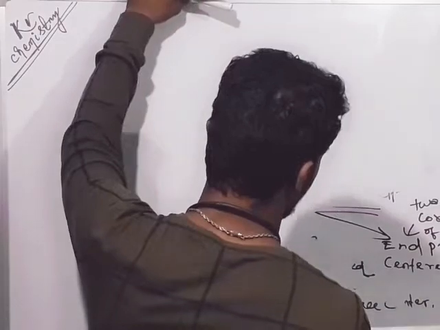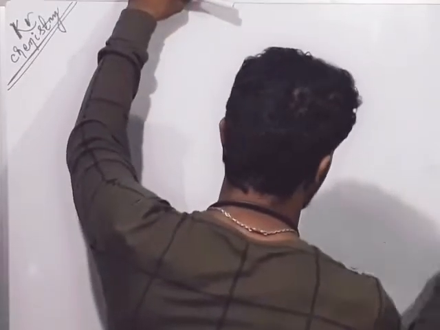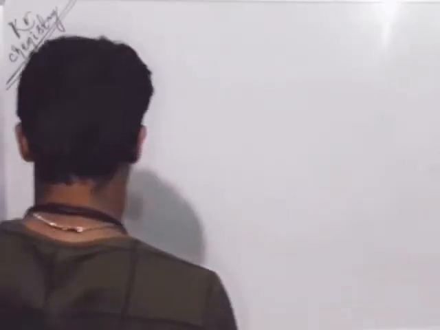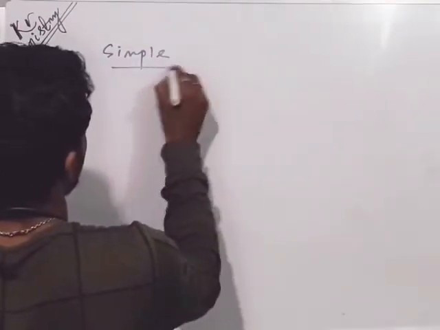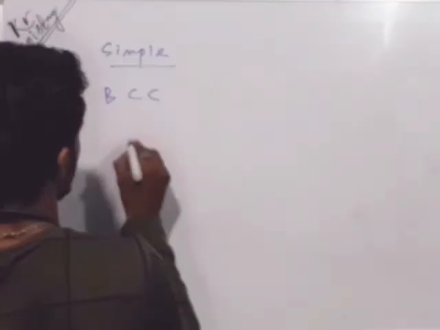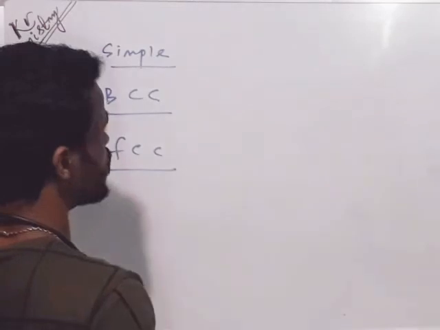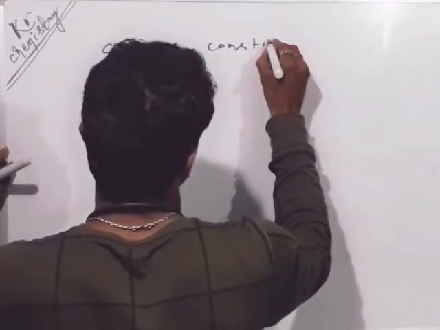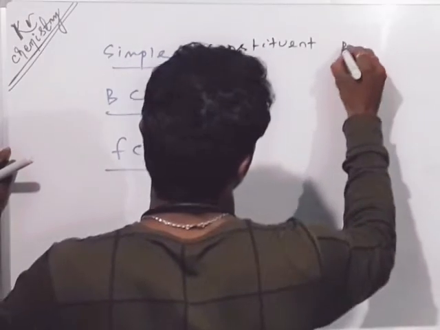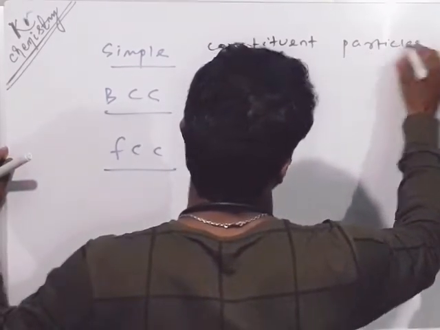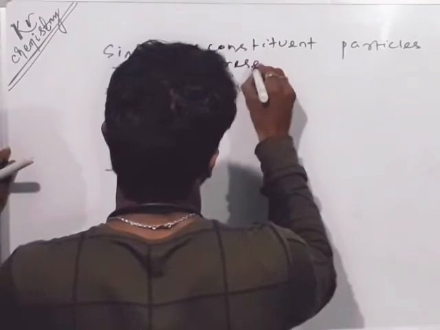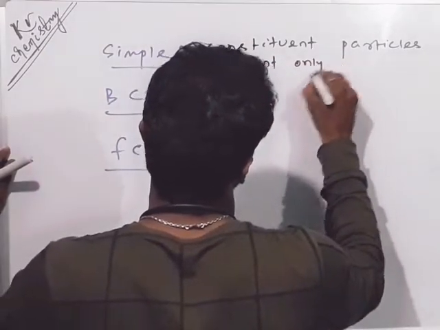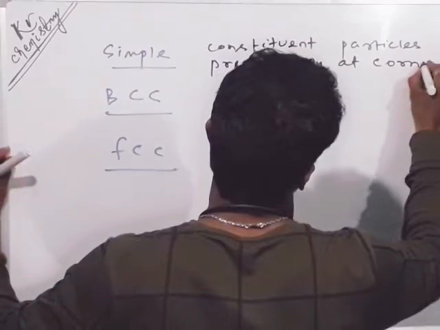We are discussing simple, body centered and face centered. You may write here: simple, body centered, face centered. In case of the simple unit cell, constituent particles are present only at corners.